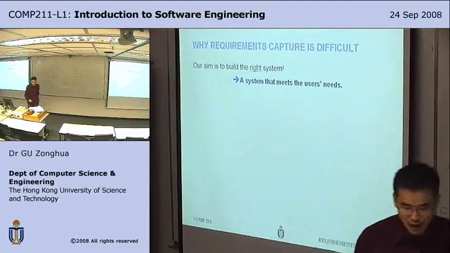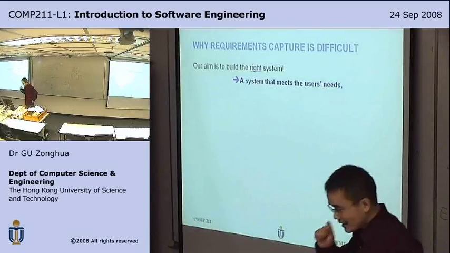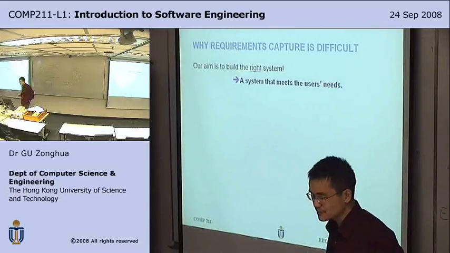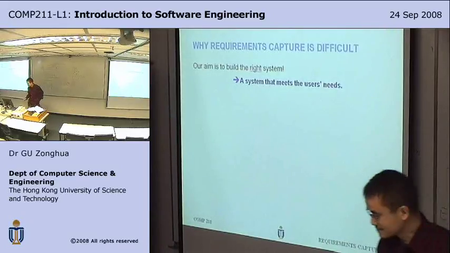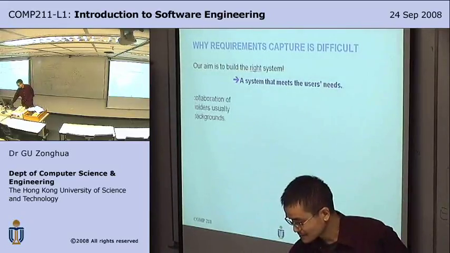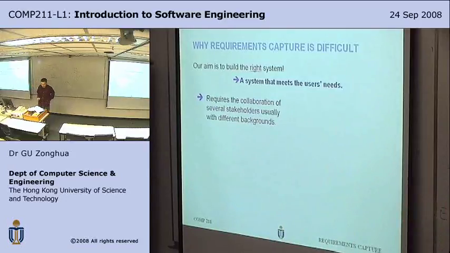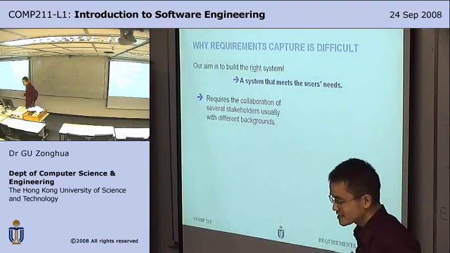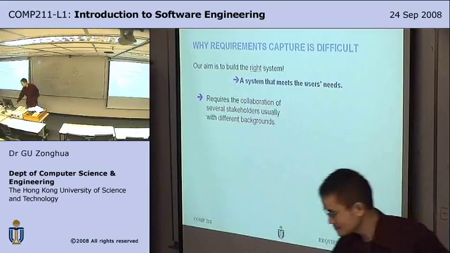So why requirements capture is difficult? So the aim is to build the right system, the system that meets the user's needs. Requires collaboration of several stakeholders, usually with different backgrounds. So a stakeholder is someone who holds a stake, someone who cares about the project, has a reason to care.